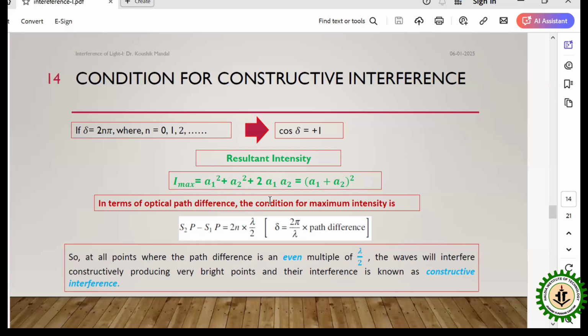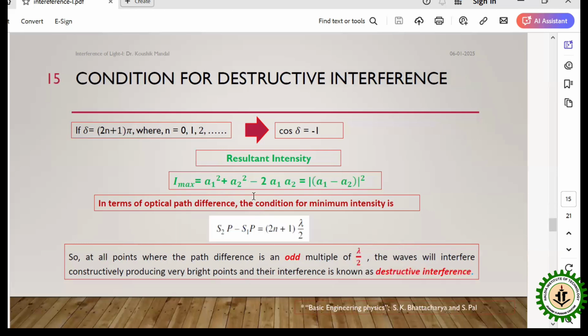Next is the dark point. This is called destructive interference. If you consider delta equals (2n+1)π, that is an odd multiple of π, then you get cos delta equals minus 1.